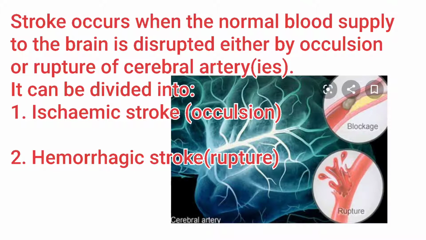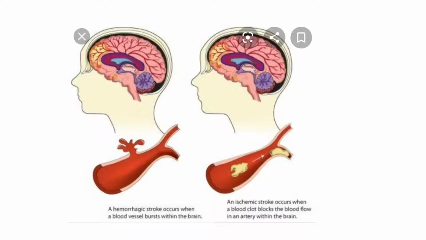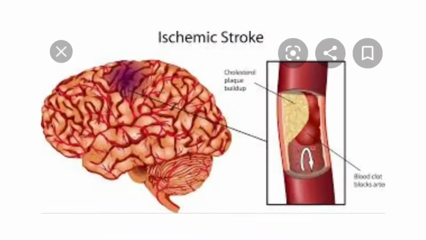Stroke occurs when the normal blood supply to the brain is interrupted, and it can be divided into two categories. The first is ischemic, which takes 85%. When I say ischemic, I mean when there is deficient supply of blood to a body part due to obstruction of the inflow of arterial blood.